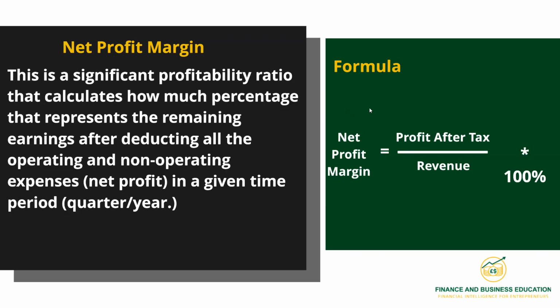So not just the operating income now, it is the operating income minus tax, depreciation, and amortization, net profit after tax divided by revenue times 100. That's really, really important to show you, on average, what the net profit margin is, what percentage of money the business is making after covering all expenses and taxes.